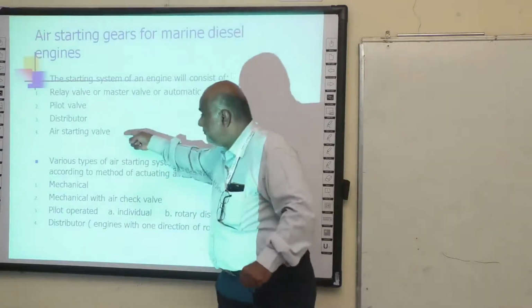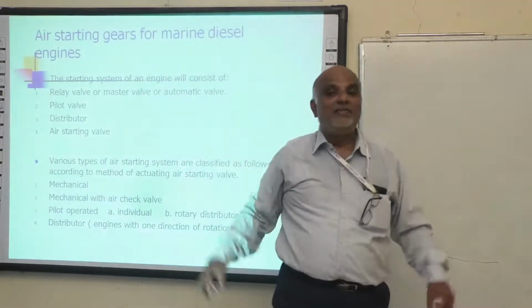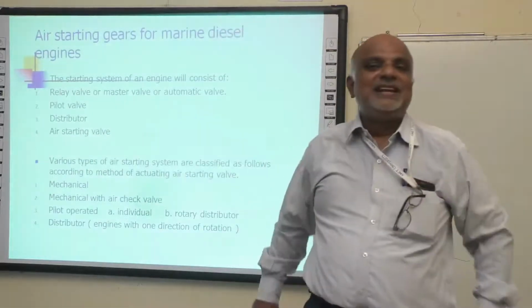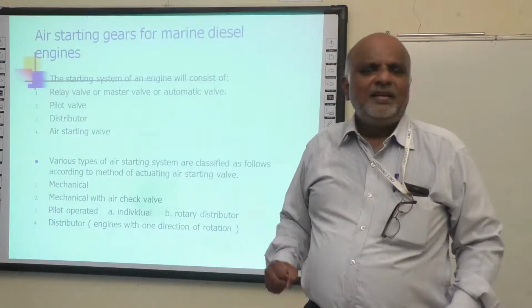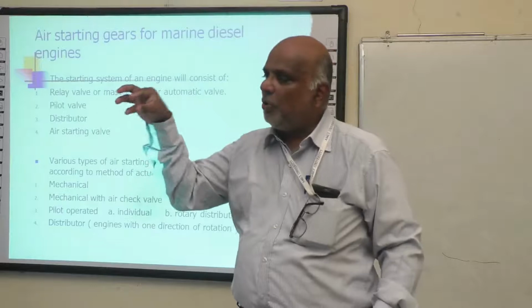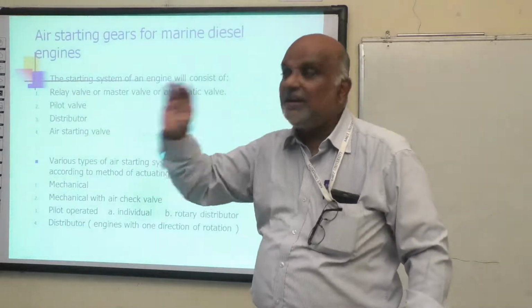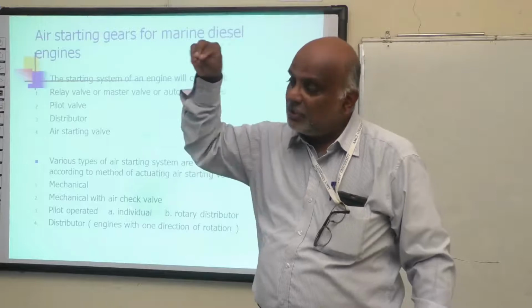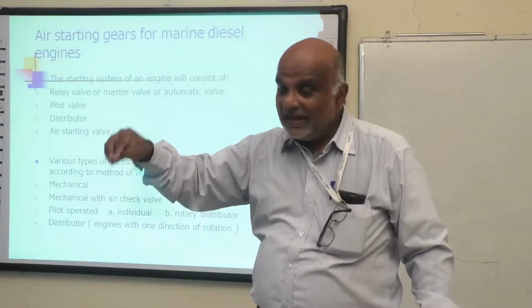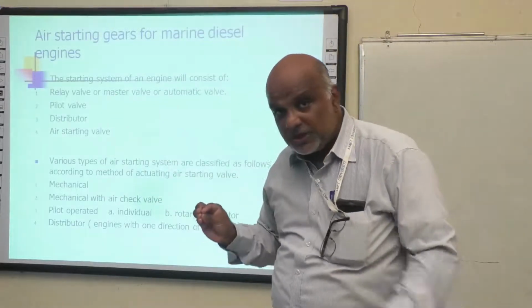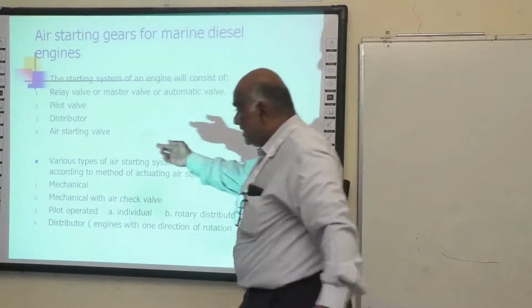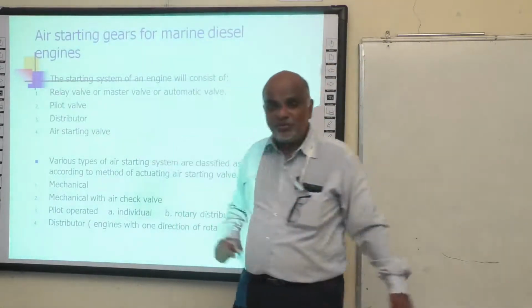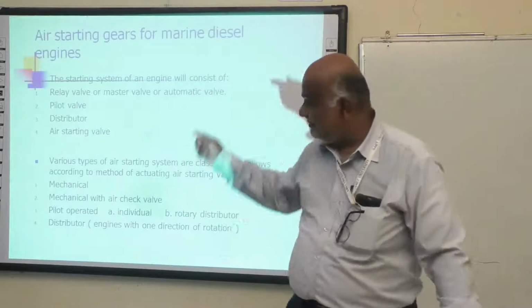And the final point is this air starting valve, which is mounted on the cylinder. Now, it's not just a simple opening there, it's got a valve arrangement. It opens, the air is making it open, and as soon as the air pressure drops, it should come back to close. That is the mechanism with this air starting valve.